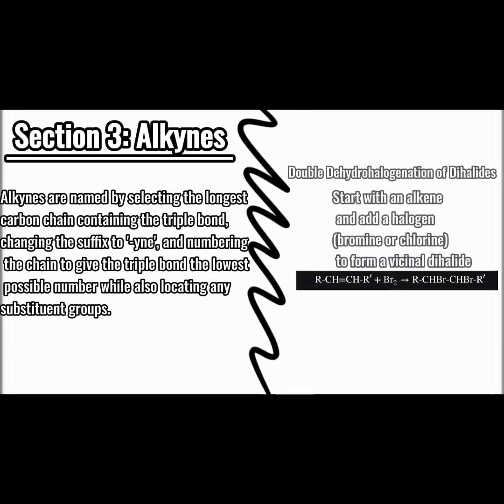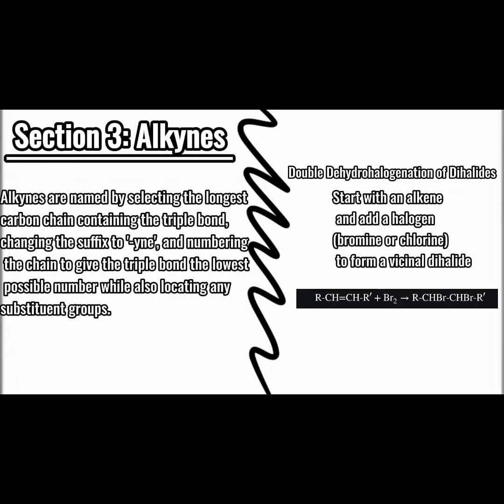The nomenclature of alkynes: they are named by selecting the longest carbon chain containing the triple bond, changing the suffix to YNE, and numbering the chain to give the triple bond the lowest possible number, while also locating any substituent groups.